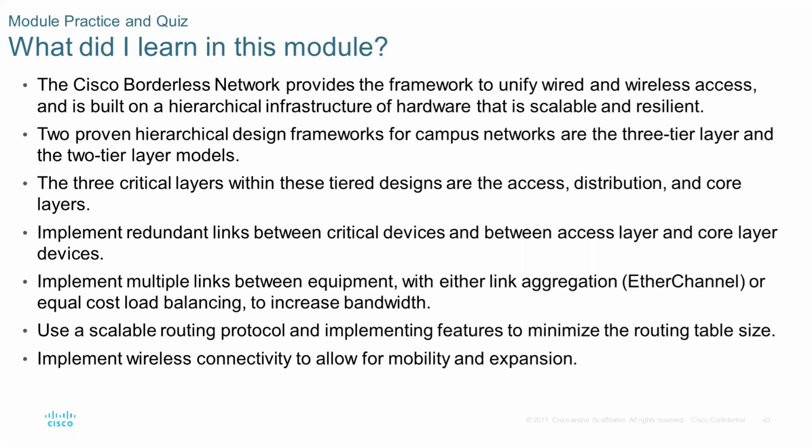And we need to provide routing protocols that support the scale increases of the network as the business grows. And one of the ways we looked at was using a scalable routing protocol such as OSPF that supports multiple areas.